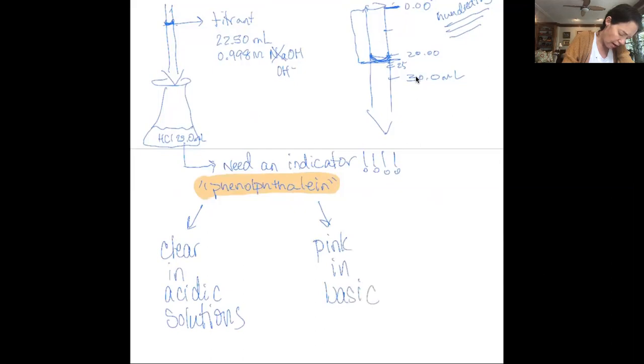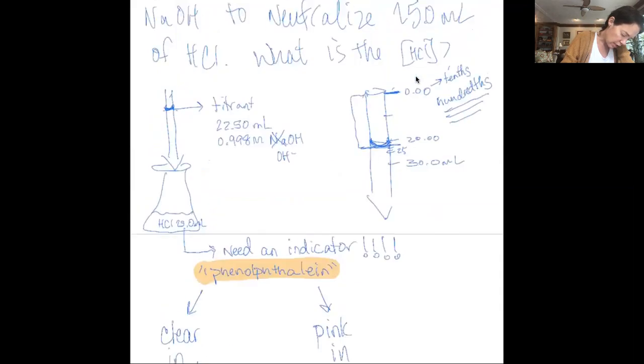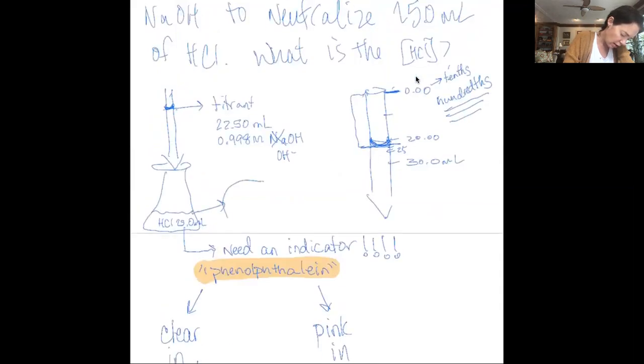So what I have in my titration is in here, right? I have a bunch of hydrogen ions, okay? I have a bunch of hydrogen ions because, guys, this is a strong acid.